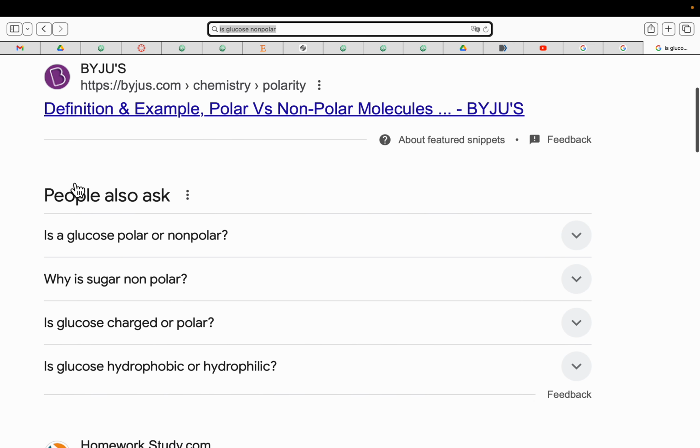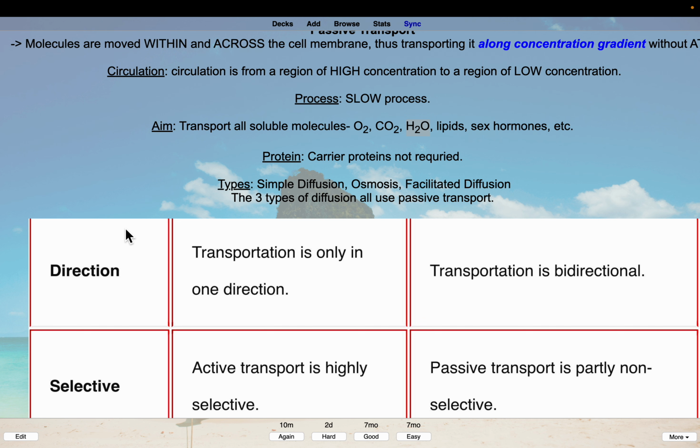Glucose is polar. But for some reason, glucose can only be transported via active transport, not passive. Maybe whether it's polar or non-polar, it cannot be a basis as to whether they can be transported passively or actively.